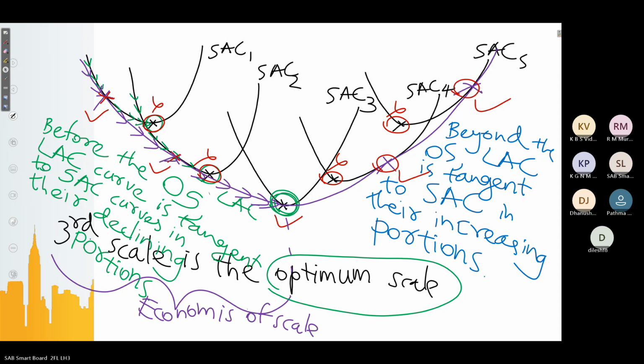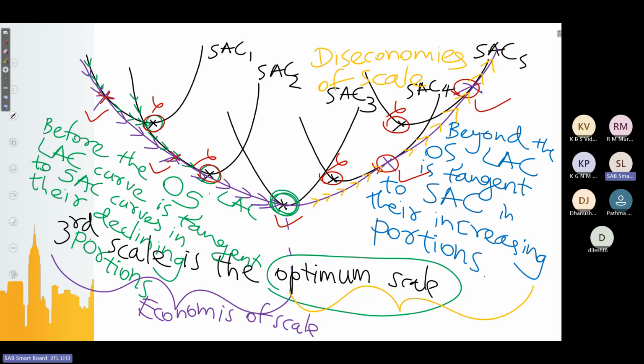Beyond the optimum scale, what we experience is the long run average cost is increasing, and that phenomenon is called diseconomies of scale.